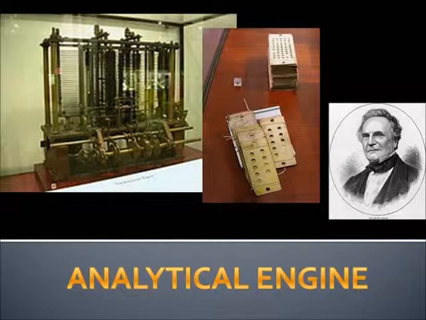For output, the machine would have a printer, a curved platter, and a bell. The machine would also be able to punch numbers onto cards to be read in later. It employed ordinary base 10 fixed point arithmetic. There was to be a store, that is a memory, capable of holding 1,000 numbers of 50 decimal digits each.